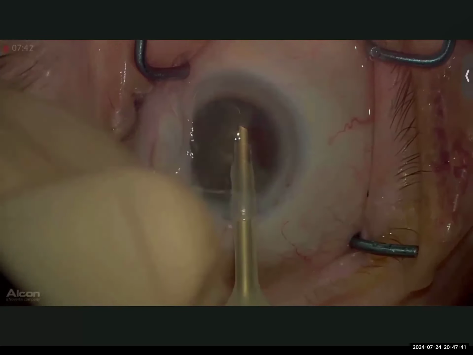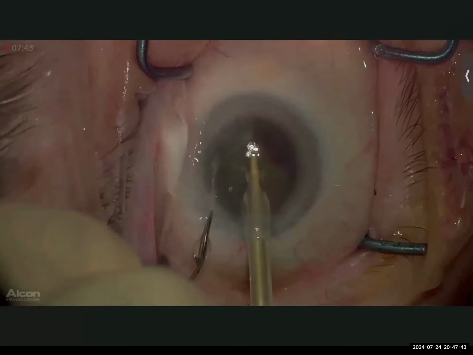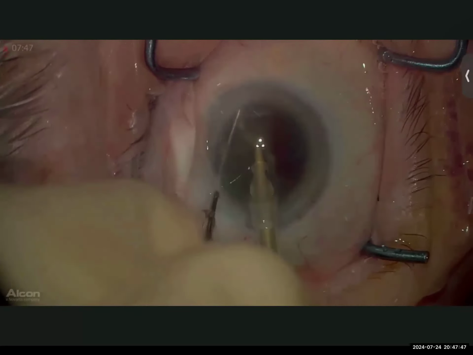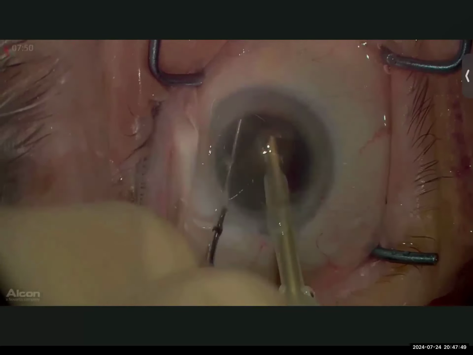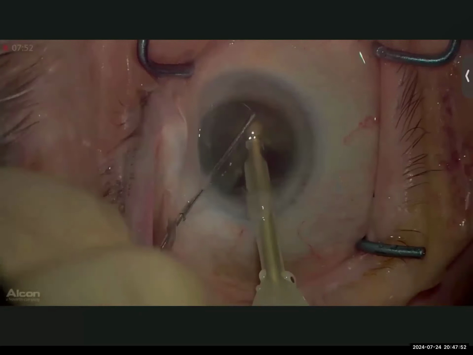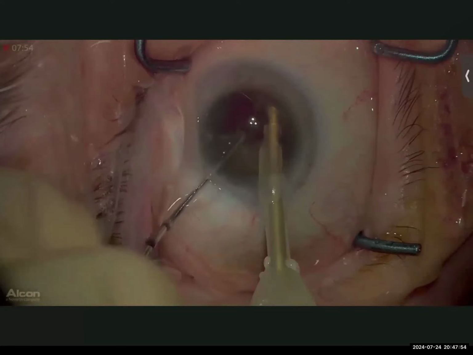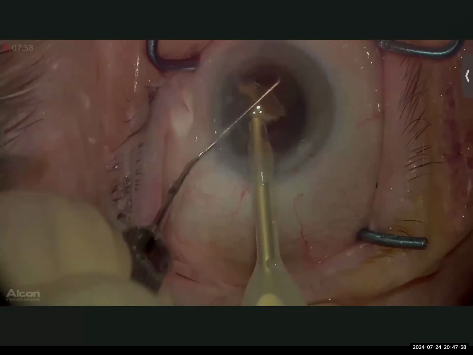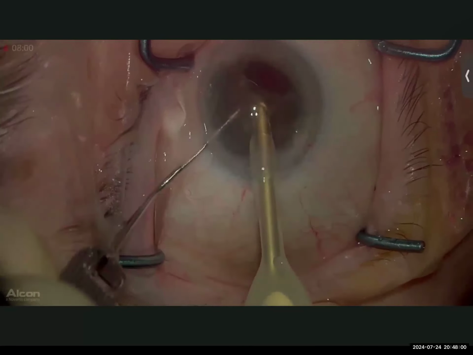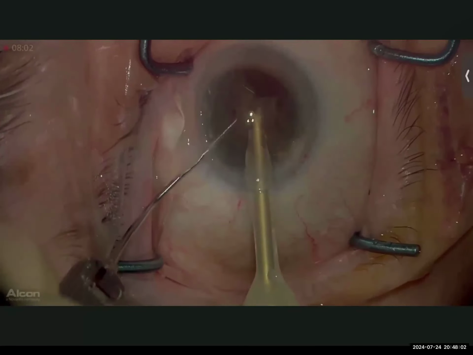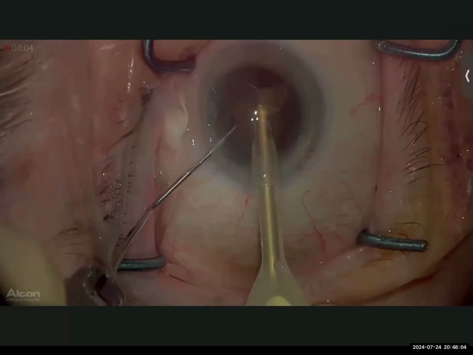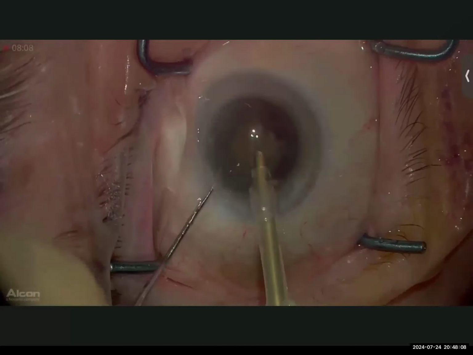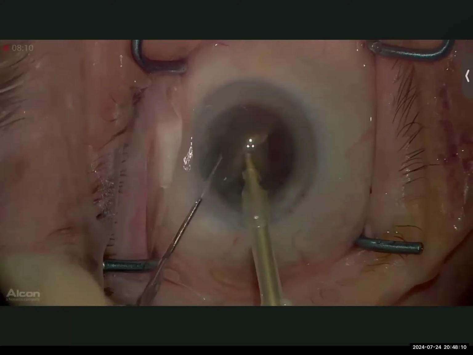When you think about a technique, think about how you would eat a huge steak. You got a fork and a knife. You could cut it in half. You could cut it in quarters. You could cut one piece at a time. You could carousel it. You could cut it into 6 pieces, but then you have to subcut that meat so that you don't choke on it. And if you have a smaller phaco tip, that would be like your children. It's a smaller mouth. You'd probably cut it into smaller pieces.